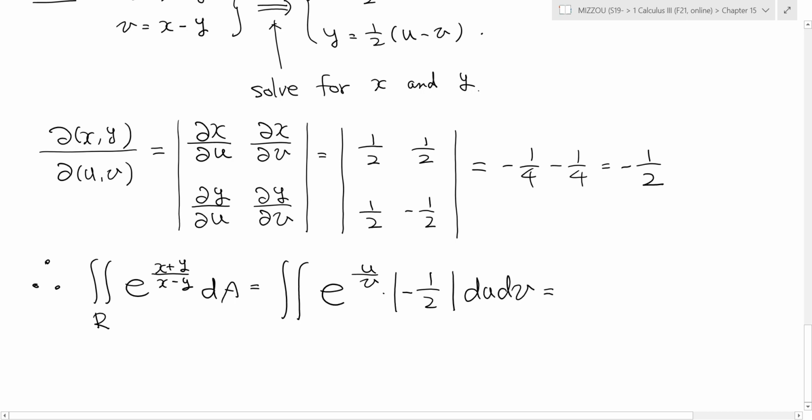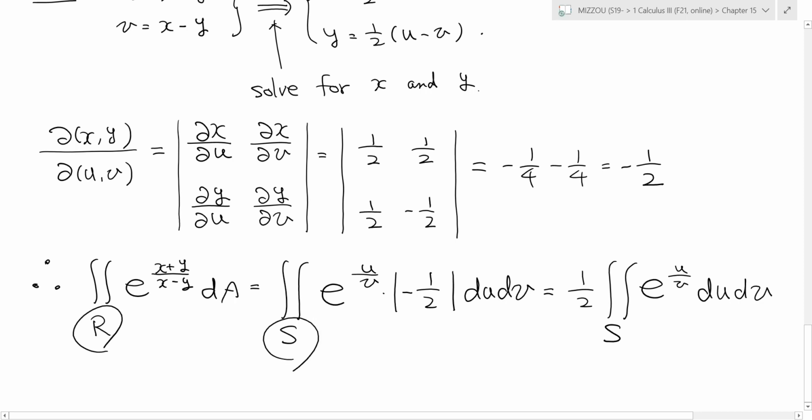And that is equal to, so you take the absolute value, so the negative sign goes away, 1/2 e to the power of u over v du dv over some other region, S. Remember, when you do U substitution, if you introduce another variable, the limits of integral change. And similarly here, you get different regions of integration once you do the substitution.